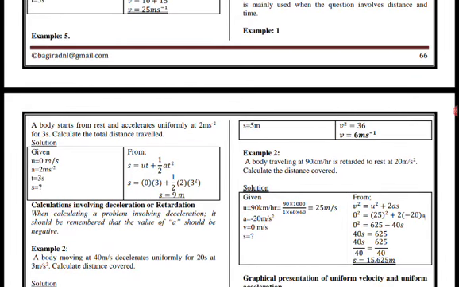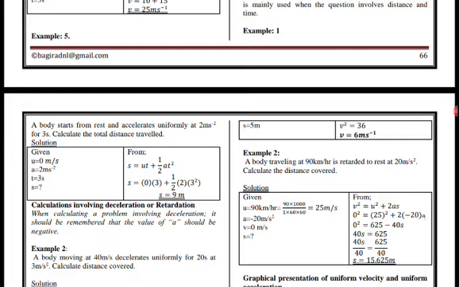A body starts from rest and accelerates uniformly at 2 meters per second squared for 3 seconds. Calculate the total distance traveled. So you first write what they have given you. You're saying a body started from rest. What does that mean?